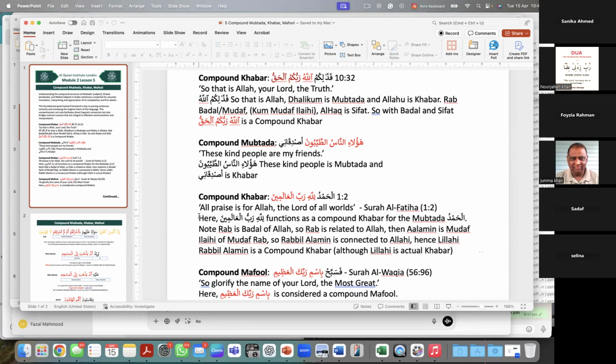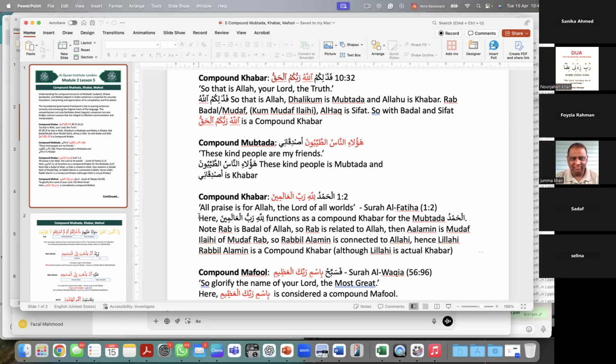Dhalika, Dhalikum. For Allah, it is sometimes used with honor, with specialty. Okay, but Dhalikumullahu, that is Allah. Done. So what is Allah here? Allah is the mubtada. Mubtada, and Rabbukumul Haqq together is the khabar.